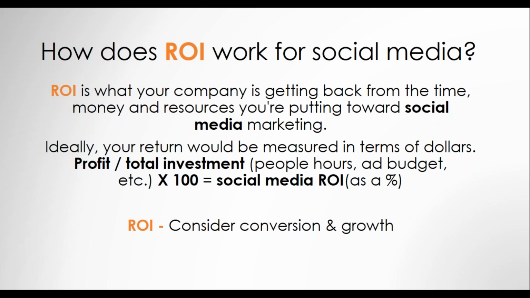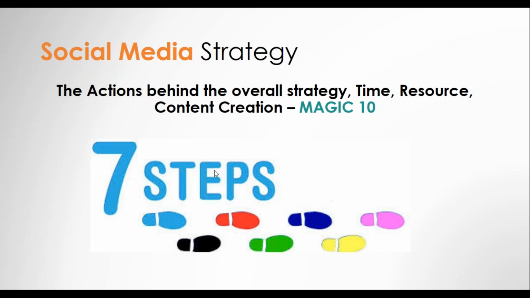We need to look at the profit divided by the total investment, which is things like the people and the hours or the ad budget you've put into it, multiplied by 100, and that's going to give you your social media ROI. The other things you need to consider are things like your conversion and your growth. So how many people did you grow your network by? How many people engaged in your content? And how many people ultimately converted? So try and think about breaking down your social media.